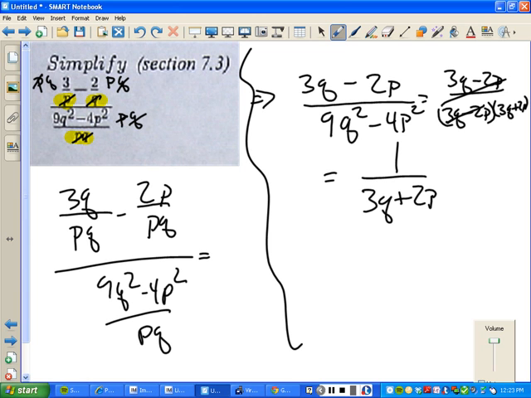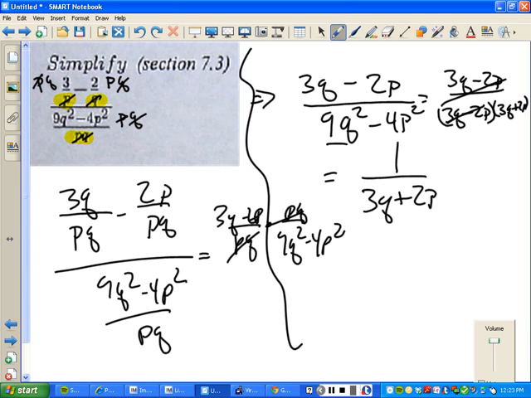So you're getting 3Q minus 2P over PQ times PQ over, it's the same thing. Right. I don't care, as long as you're getting to the right answer and doing it functionally correct, it doesn't matter. If you want to find the common denominator between all of them and then flip it and do that, that doesn't make any difference.